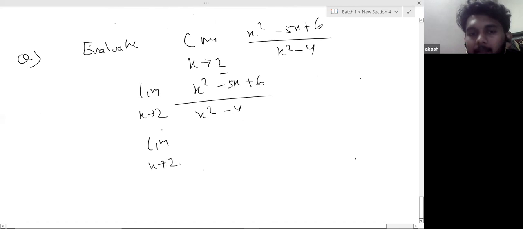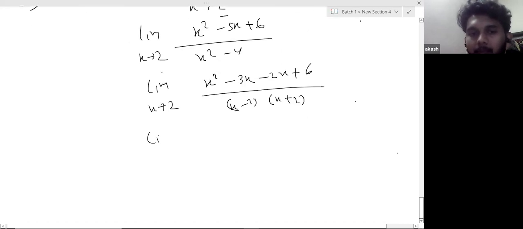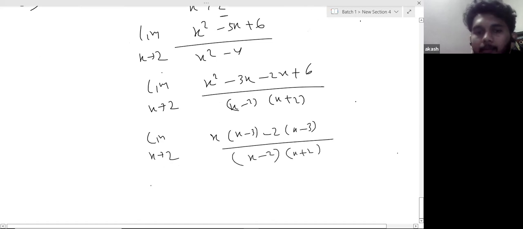So this is limit x tending to 2. Middle term splitting, we can write x square minus 3x minus 2x plus 6 upon x minus 2 and x plus 2. So limit x tending to 2, take x common, x minus 3, minus 2 common, x minus 3, divided by x minus 2, x plus 2.